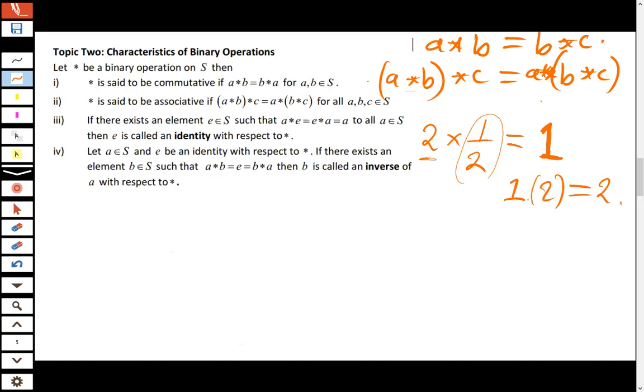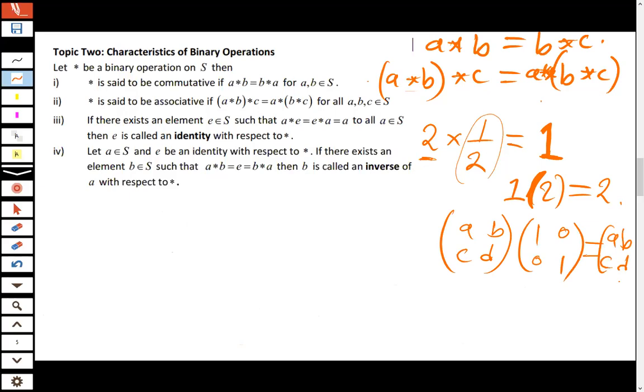So when you multiply the identity element with any number, the answer you get is simply just that number. For matrices, if you are multiplying a 2x2 matrix, maybe you have A, B, C, D, with its identity, the answer you get will simply just be A, B, C, D. It will still be the same thing.